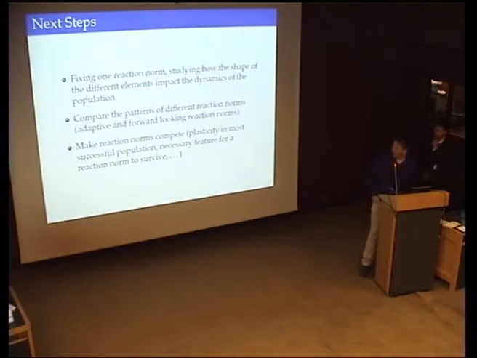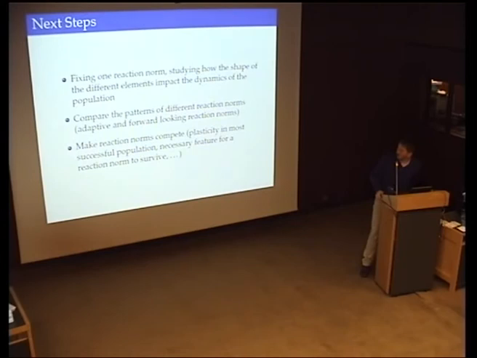But then we can also set up a model in which reaction norms compete. Here we can analyze a selection problem among different norms, in which we have matings among agents with different reaction norms, with different physiologies. And see how plasticity of the reaction norm may be important in different settings depending on the other ingredients of the model, and especially whether there are some necessary features in the reaction norm setting in order to make these norms survive in the long run.